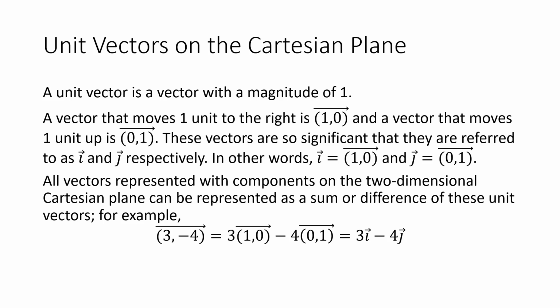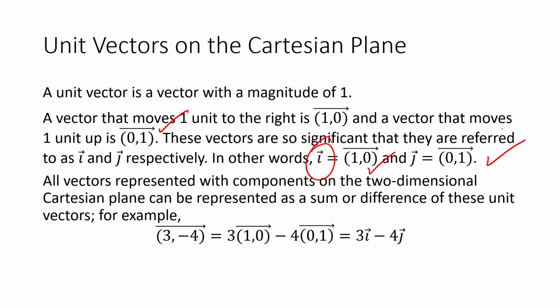So a vector that moves 1 unit to the right is going to be the vector 1, 0, and a vector that moves 1 unit up is going to be the vector 0, 1. Well, those vectors are so significant that they're actually referred to as i and j. So vector i is the vector 1, 0, and vector j is the vector 0, 1.